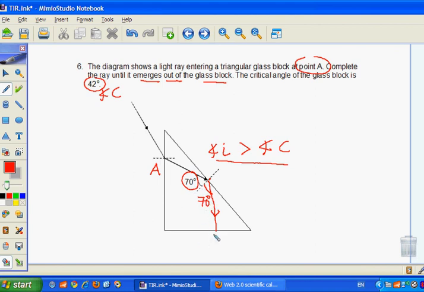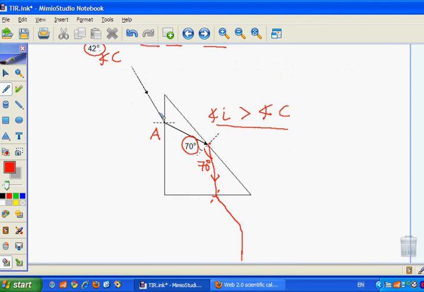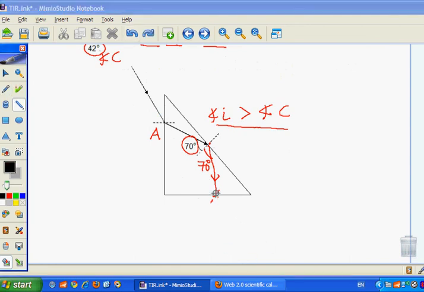Next question: what is happening at this point, whether it will go in or go up? If I draw a normal here, it should be a mirror image of what is happening over here. So we just draw that it will bend slightly away from the normal.